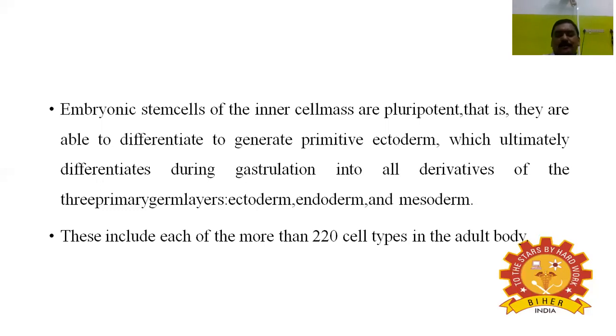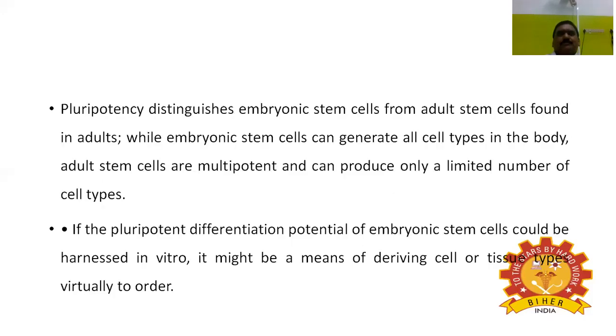Finally, these include each of more than 220 different cell types in the adult human body. How many cell types? 220 different cell types in the adult human body. Right.